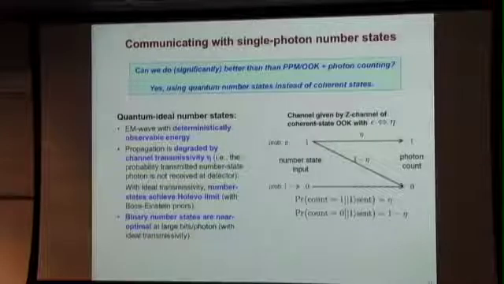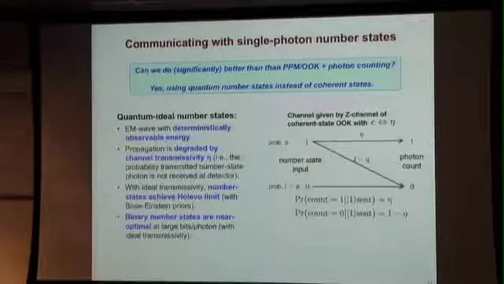It ends up with, I'll show you on the next slide, with perfect transmissivity, eta, from transmitter to receiver. It gets you to the Holevo limit. It basically gets you there at high photon efficiency. It gets you there even only using 0 and 1 number states. You don't even have to use the 2 number state, 3, 4, 5. You would if you wanted to trace out the whole Holevo curve, but not if you're just interested in high photon efficiency.